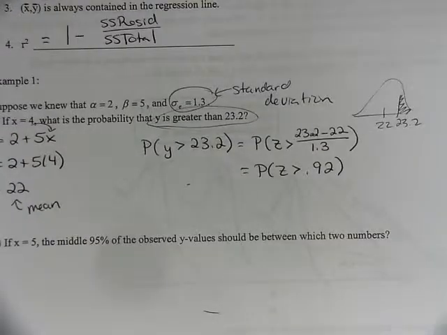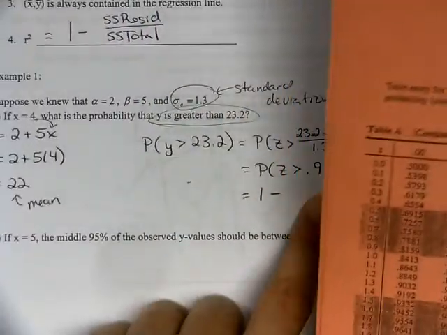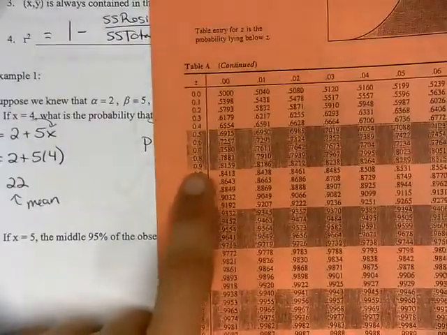Now you don't have to get your formula sheet out, I'll just do it off of mine. Remember when we're finding probability, if we have a greater than, what do we have to do? 1 minus. So I'm going to do 1 minus, and look up 0.92 in my formula sheet. So it's kind of like a review.